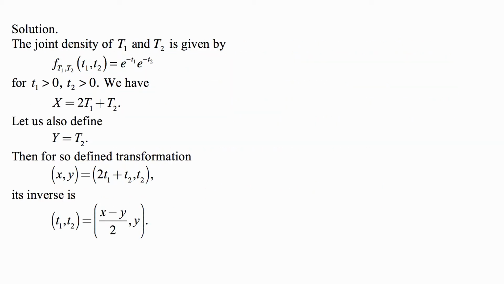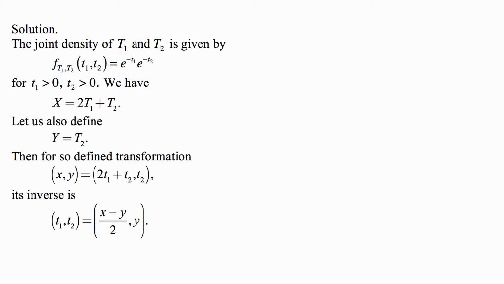So we will create a bivariate transformation of T1 and T2 into X and some other random variable, and that other one I'll call Y, and we need to pick a Y so that it's easy to find the inverse transformation, a transformation that would take us back from X, Y to T1, T2.